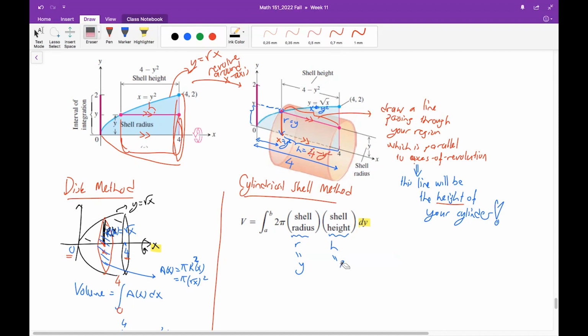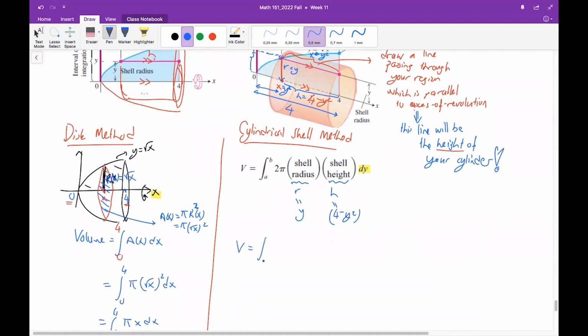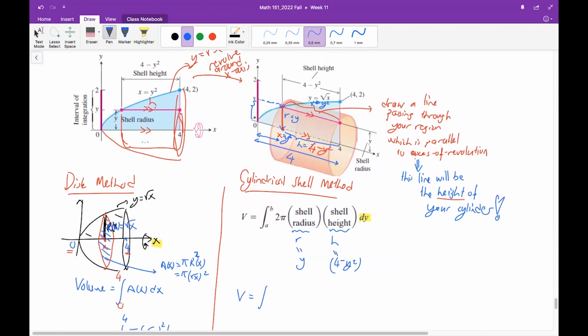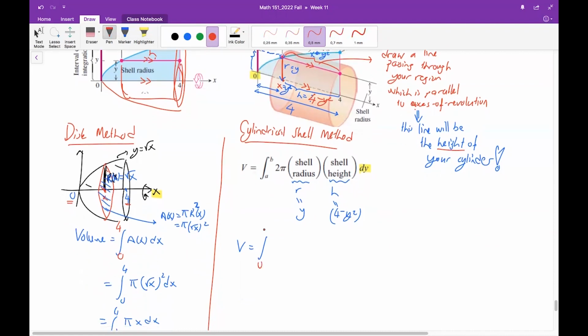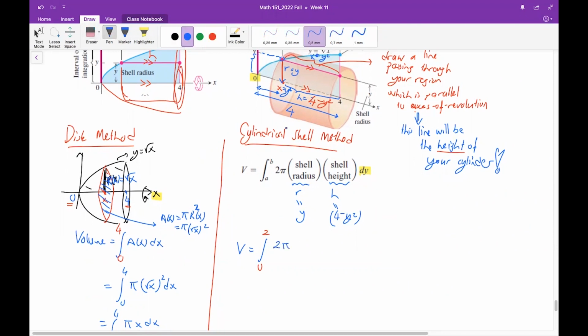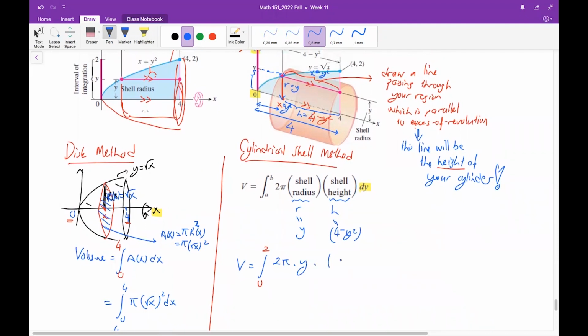Then I can construct the expression here. It is solved as 4 minus y squared. So the integral is, now let's look at the boundaries on the y-axis because you are writing the integral with respect to y. The boundaries are from 0 to 2. 2 pi is something fixed in the formula, and the radius is already y, and the height is solved as 4 minus y squared, dy.